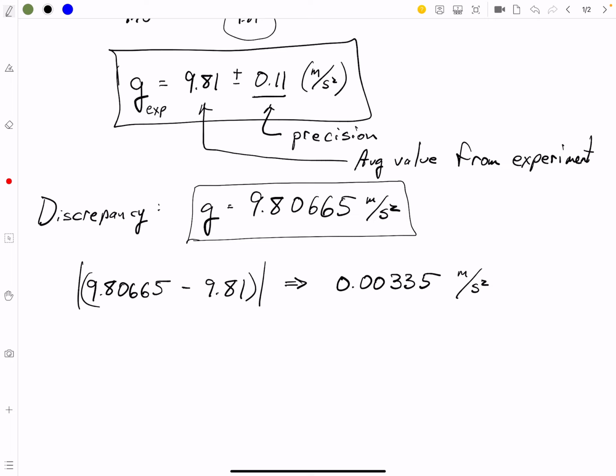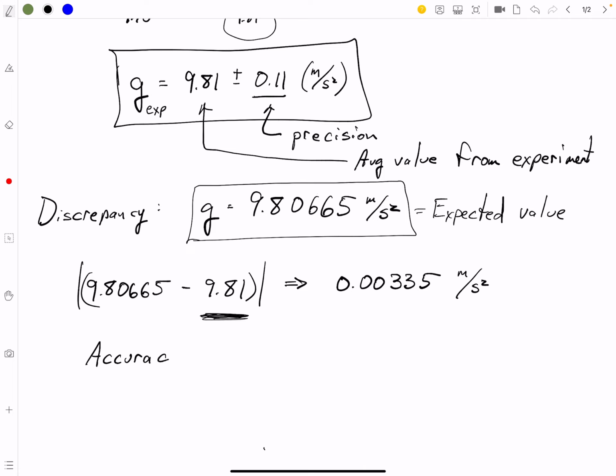But discrepancy refers to what? A comparison between the expected value and our value. So the difference gives us an accuracy.